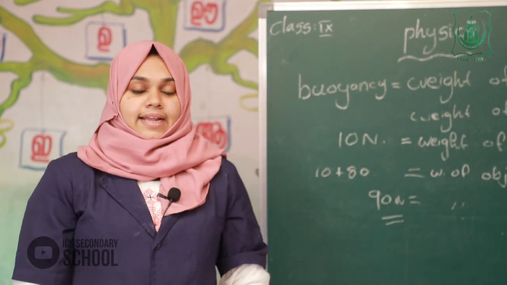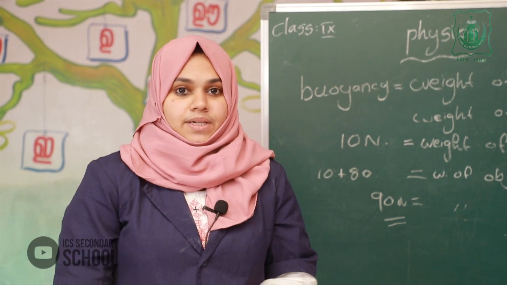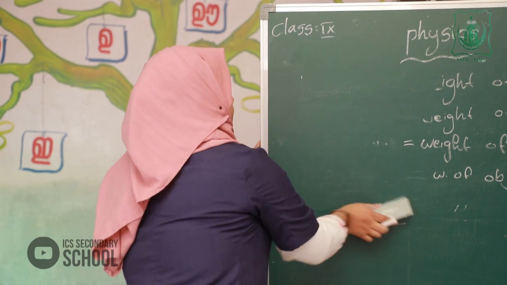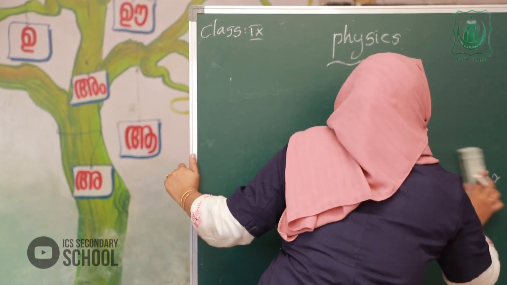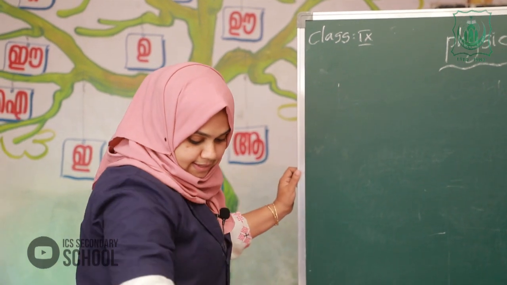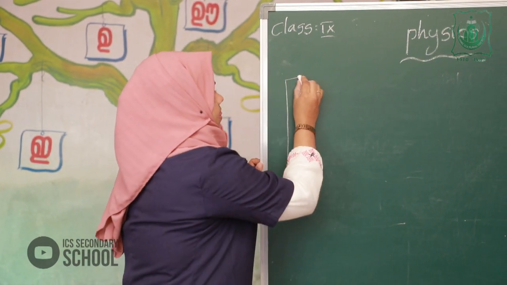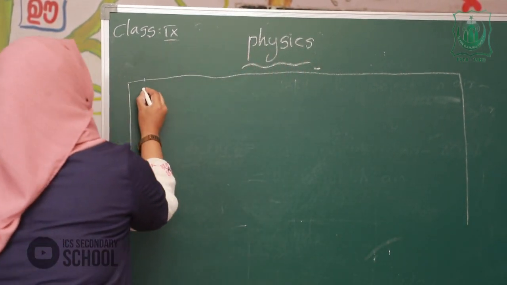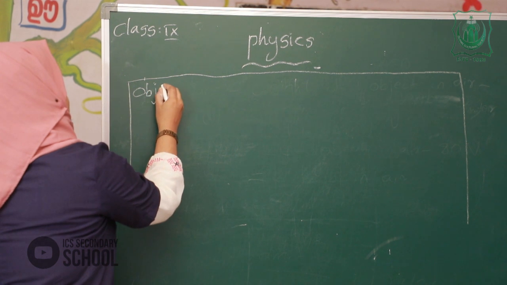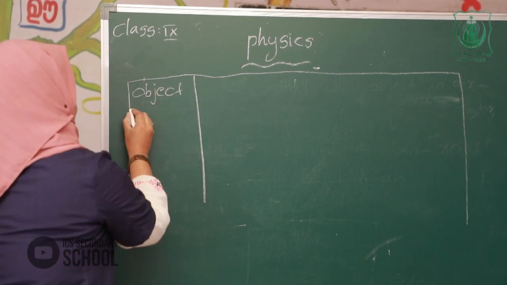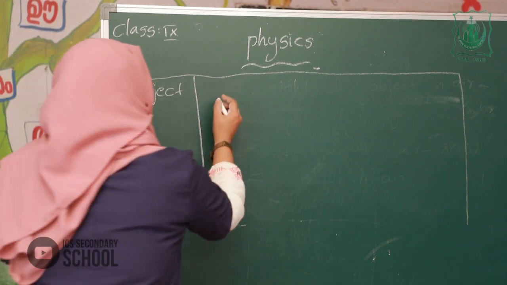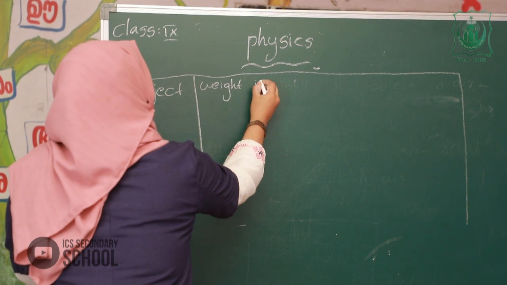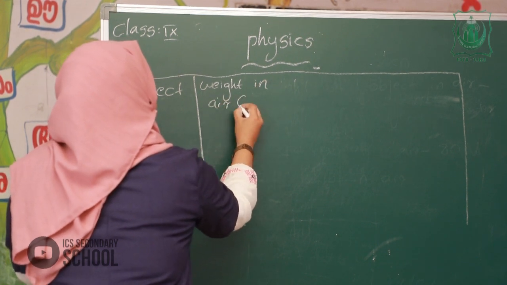All of you understand? Then, in your textbook there is a table. All of you try to complete that table. First of all, object, weight in air taken as W1.